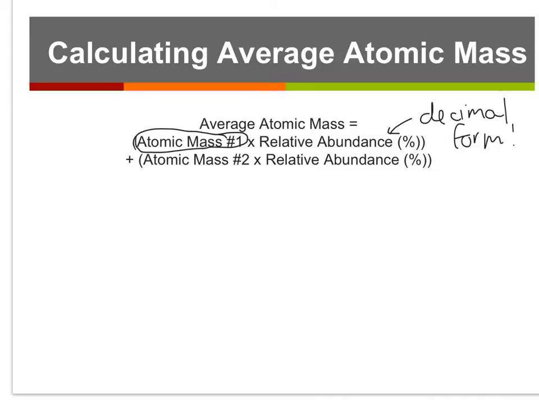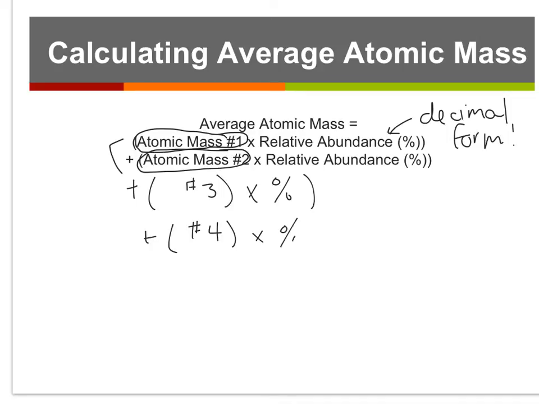And so you're going to take each of the atomic masses of each of your isotopes, multiply it by the relative abundance, and then add them all together. So this formula is given for just 2 isotopes, but if you had a third one, you'd do the same and multiply it by its percentage here. If you had a fourth one, you'd do the same for that one as well, and so on.